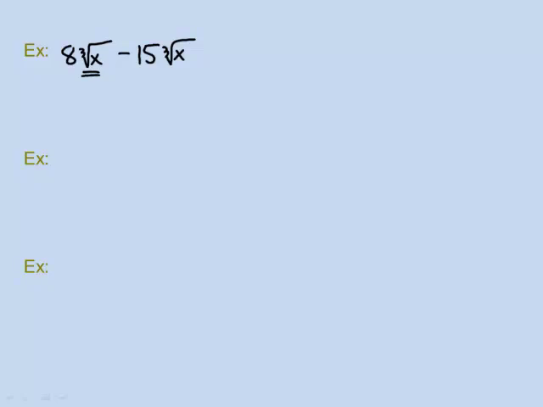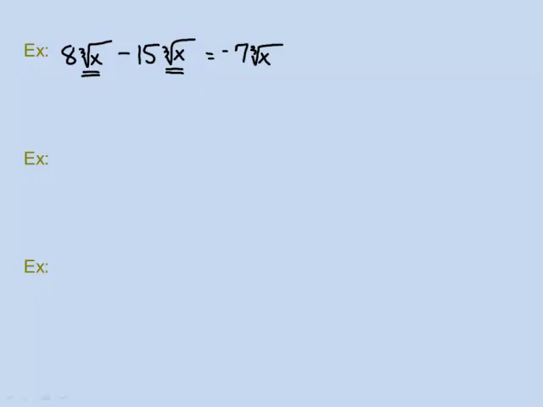Notice that we have that. We have the cube root of x on both of those terms. So we can simply do the math to the numerical coefficients out front. 8 minus 15 leaves us with a negative 7. And then the like radical, which is the cube root of x, we'll just tack on to the outside. Negative 7 times the cube root of x.